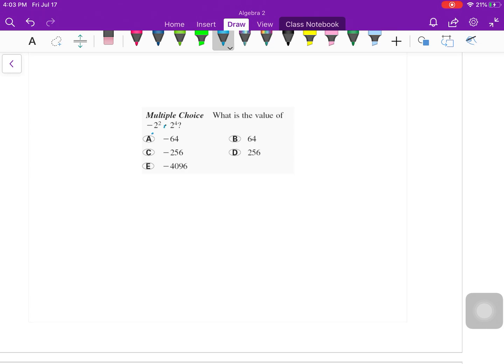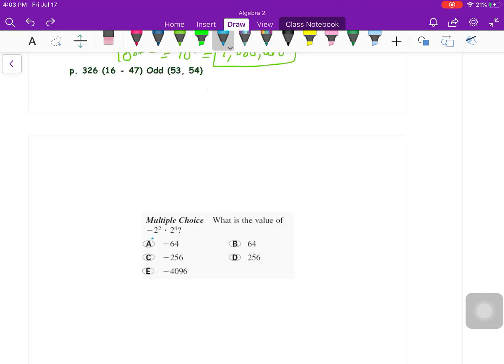I don't know if you want to try a couple more here. A negative of 2 squared times 2 to the 4th. So that means the negative is out front. It is not in the parentheses.